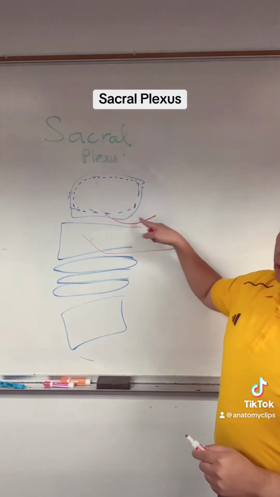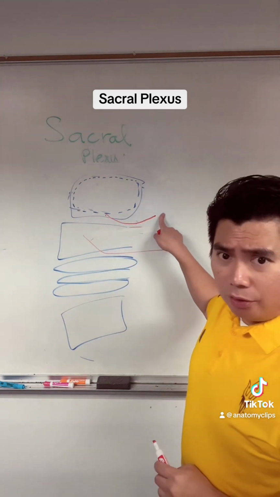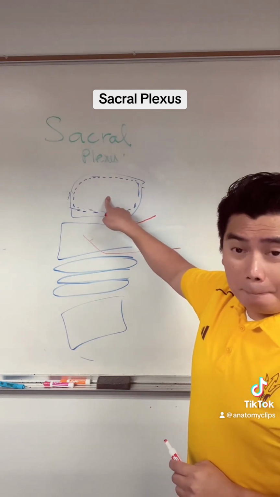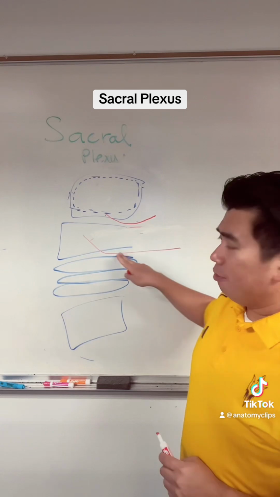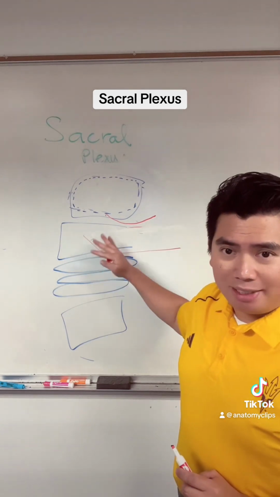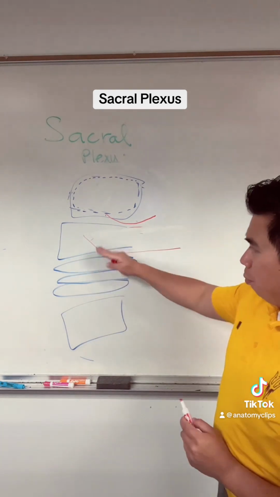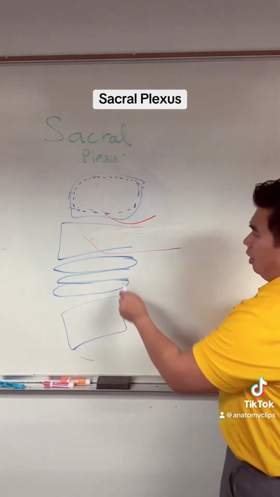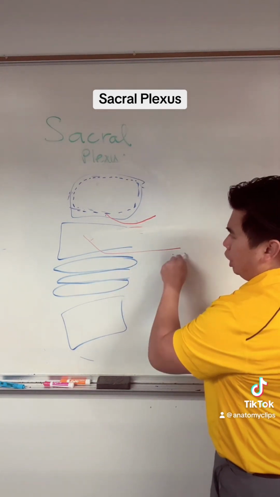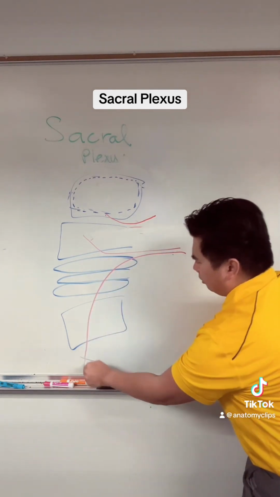So the superior gluteal nerve will be by the gluteus medius and minimus. And then the inferior gluteal nerve will be by the piriformis muscle and superior to the gemellus superior. All right?